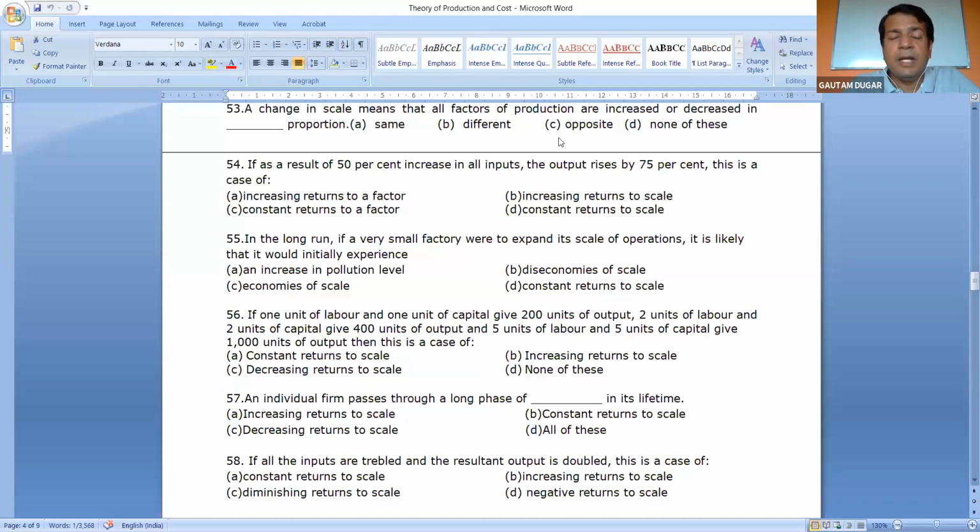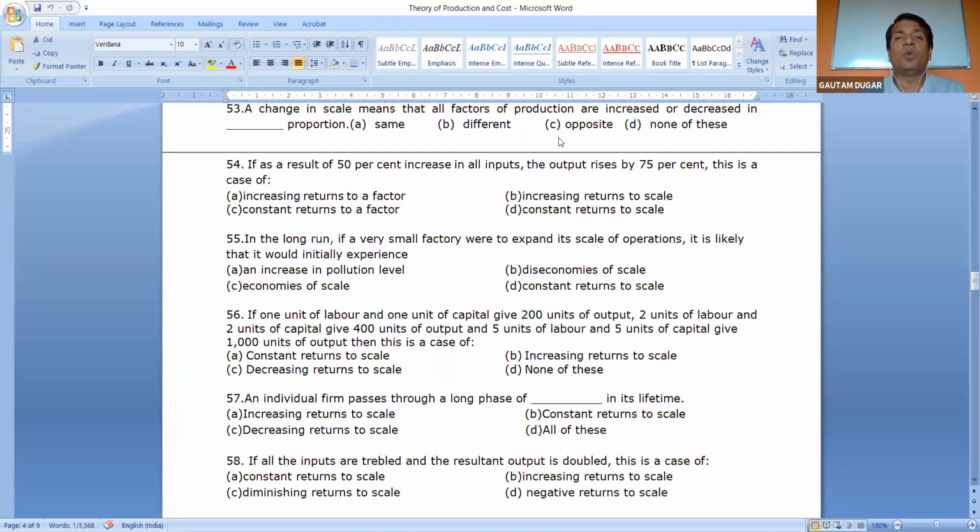Coming to 55, in the long run, if a very small factory were to expand its scale of operations, it is likely that it would initially experience, now tell me, economies of scale. If a small factory is going to increase its production capacity, initially they will experience economies of scale. On going through your study material, you'll find there's a topic, economies of scale, internal economies, external economies.